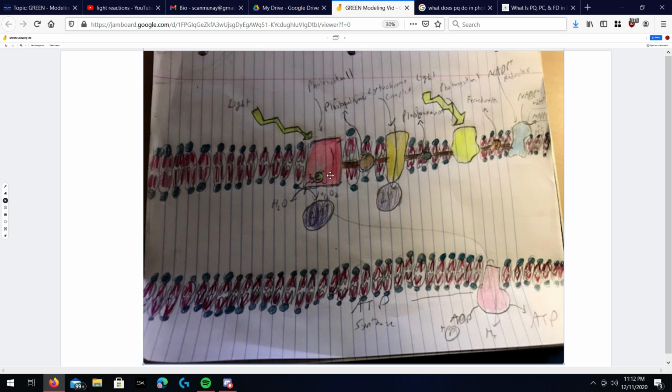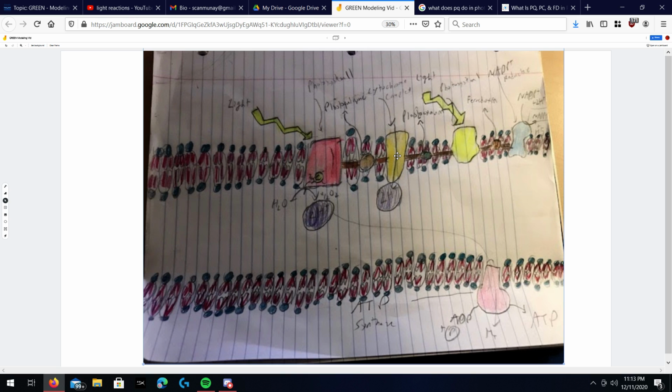But nonetheless, these 2 electrons with very high electrical potential energy travel down into plastoquinone, which is almost like an intermediary step before the next destination for the electrons. The compound within this gets reduced and is able to pass the electrons on to the cytochrome complex.